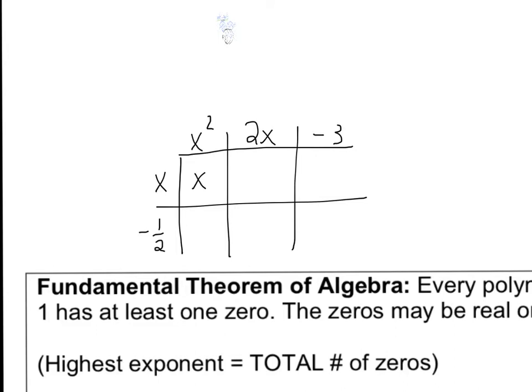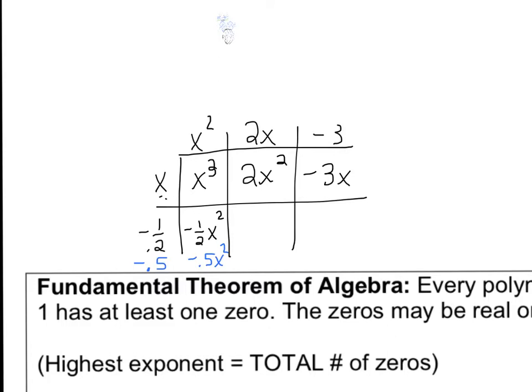So we'll start boxing. X times x squared is x to the third. X times 2x is 2x squared. And x times -3 is -3x. -1/2 times x squared is -1/2 x squared. At this point, you might want to start writing the -1/2 as -0.5. If you're doing that from here on out, that's fine. Either are acceptable.